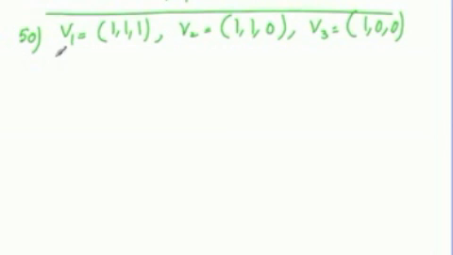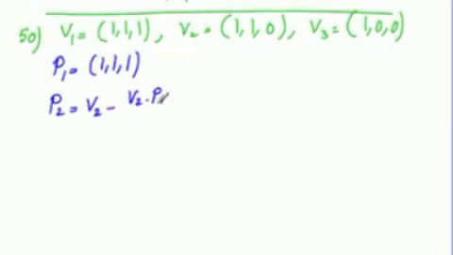So who is P1? It is (1, 1, 1). Who is P2? It is V2 minus (V2 · P1)/(P1 · P1) times P1. What is meant by this here? That's a dot product, is that right?